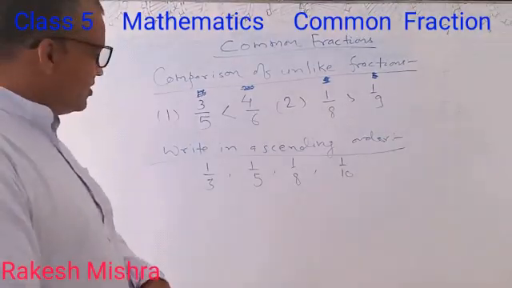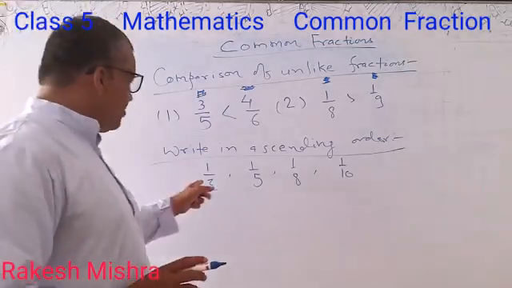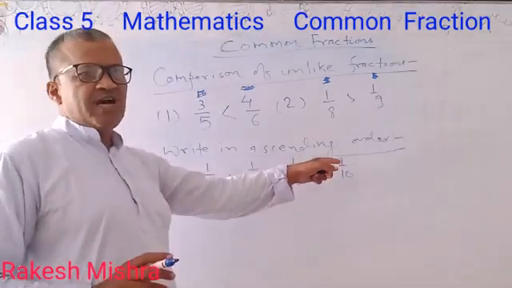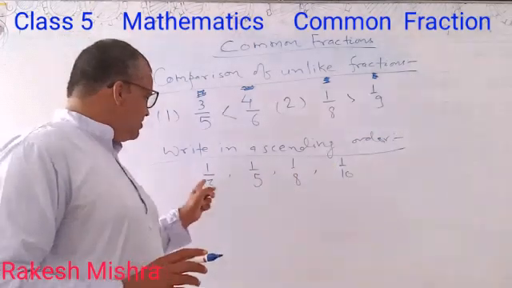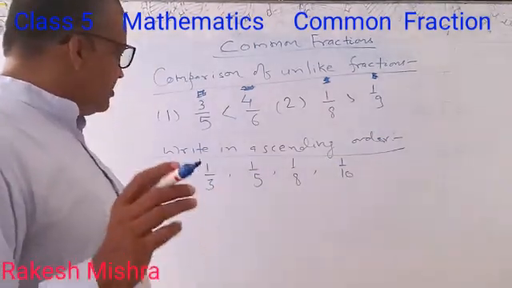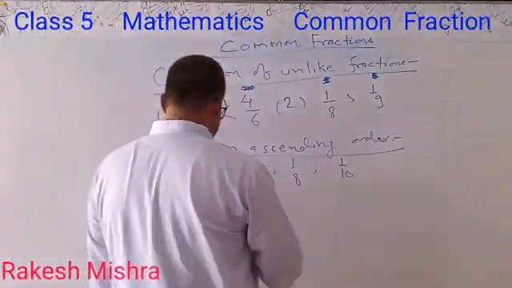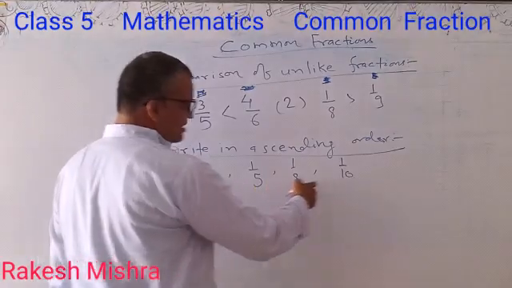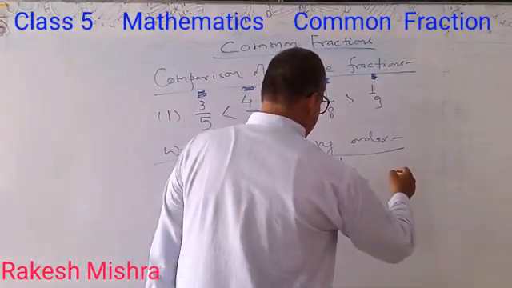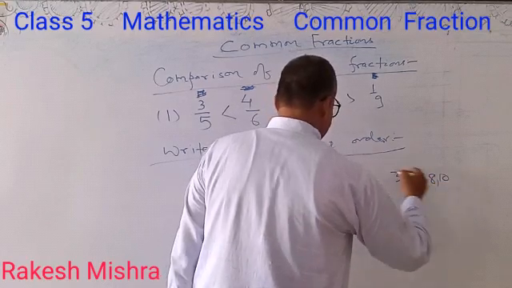What should we do? At first, we have to make the denominators the same. How? The denominators will be the same after finding the LCM. In rough, 3, 5, 8, 10.